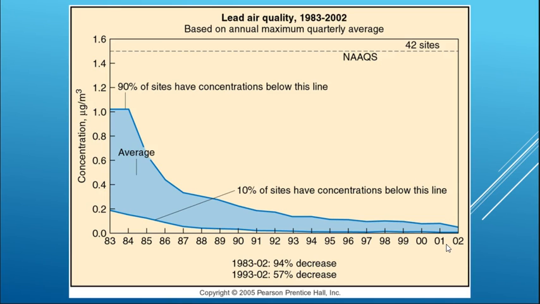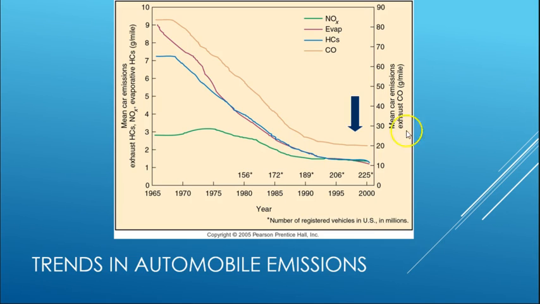And the reason that lead has decreased so much is because we banned leaded gasoline. It's another event where everybody came together and said, this thing is bad, we're going to do something about it, and we did. The majority of countries in the world anymore do not use leaded gasoline. Okay, and so you can see overall, actually, cars have gotten better because emission standards have gone up because people want cleaner cars.